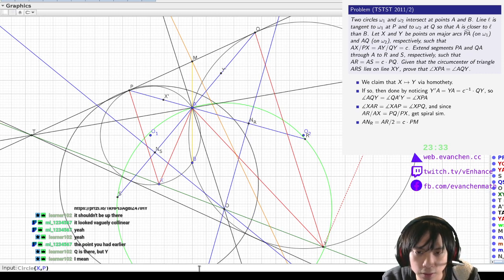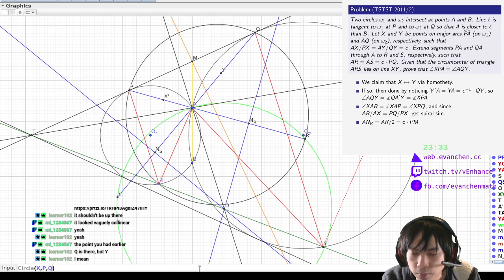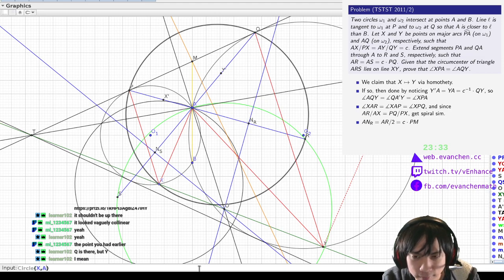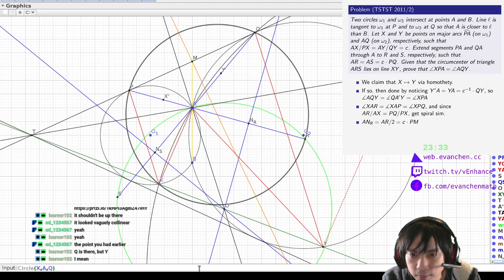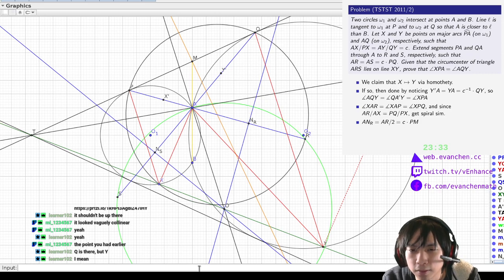Maybe I should actually use my spiral simulator. So if I simulate X, oh, that looks like it's going to be very useful. Okay, is that really true? So XPQ, then YPQS, right?